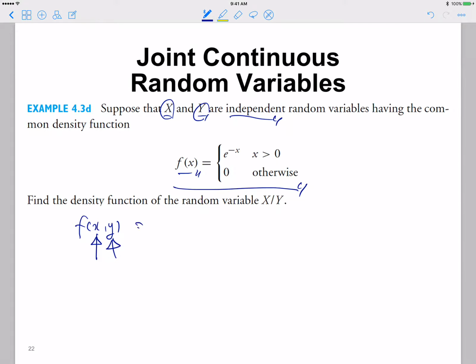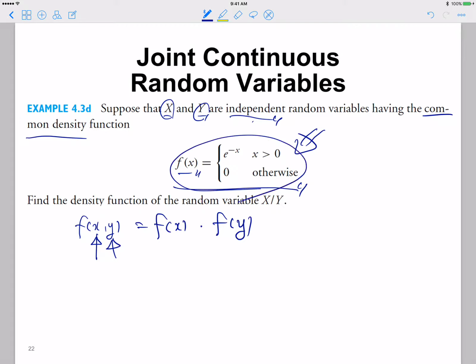In that case, it is represented by this, right? And again, don't be confused. Where is y? y will take the same form because the common density function is given for both x and y. So we are simply taking the product between these two functions. That will be our joint density function. And that is the basic property.